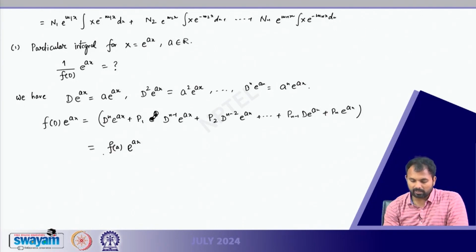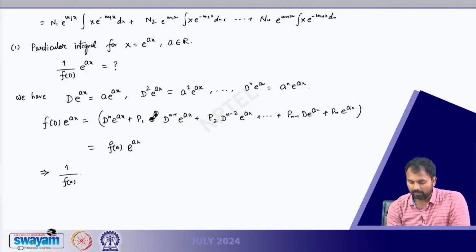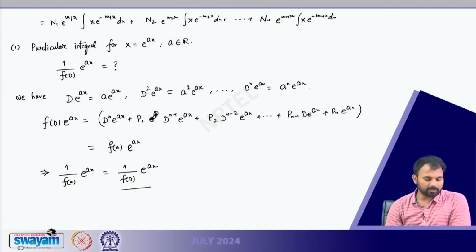So, basically from here it tells us that F(D) of e to the power a x is equal to F(a) e to the power a x. That means, if you are required to find out the particular integral 1 by F(D) of e to the power a x, then it will simply become 1 by F(a) e to the power a x.